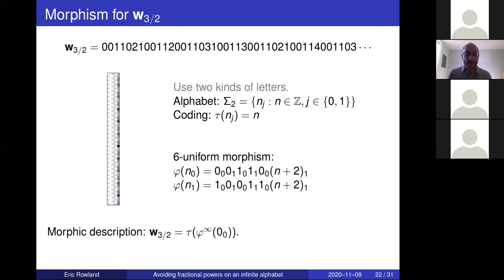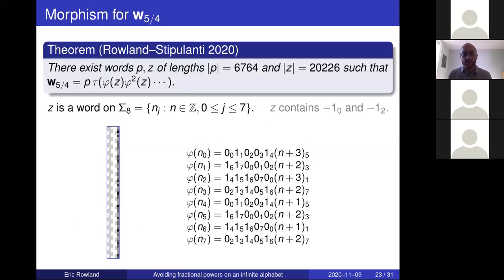Okay. The morphism for the 5/4 power word is similar, except we need more letters. So here's a portion of the word. This is not at the beginning because the beginning has all sorts of weird stuff going on. But after you get into the portion where 5 of the 6 rows have stabilized, this is the kind of picture you see.